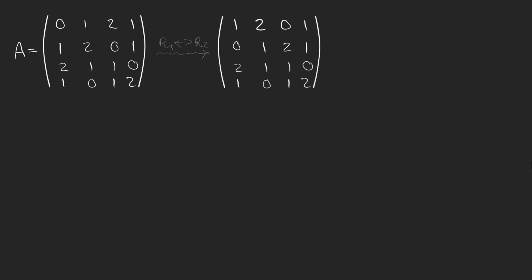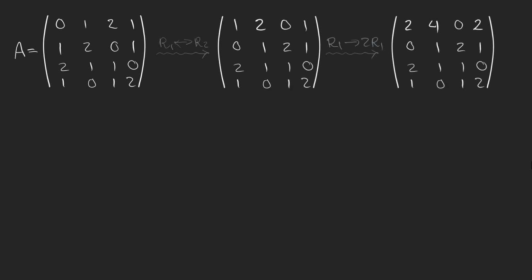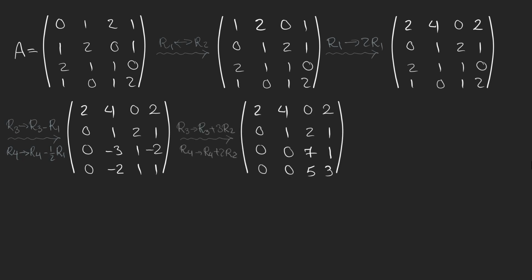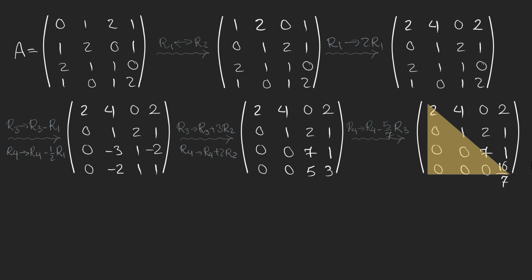Now, let's find the determinant of this 4 by 4 matrix. Swap the first and the second row. Let's double the second row to see the effect of multiplying one of the rows with a constant. Eliminate below the first pivot, eliminate below the second pivot, and finally eliminate below the third pivot, and now we have an upper triangular matrix.